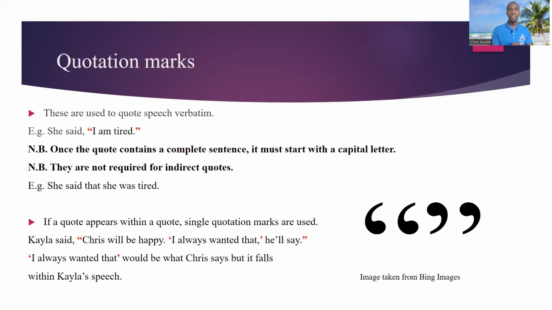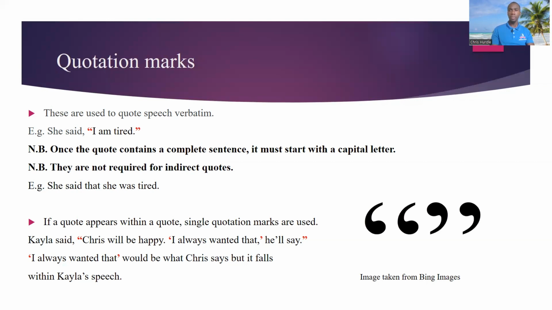So we begin to quote when we say Chris, right? So that's when the speech begins. But "I always wanted that" is what Chris would say. So that falls within the quote. So single quotation marks have to be placed, they have to go in single quotation marks, and then we end off with he'll say.